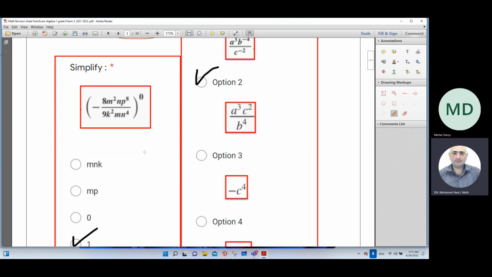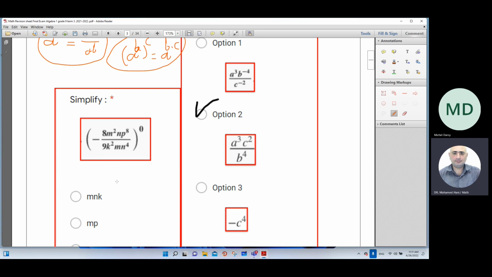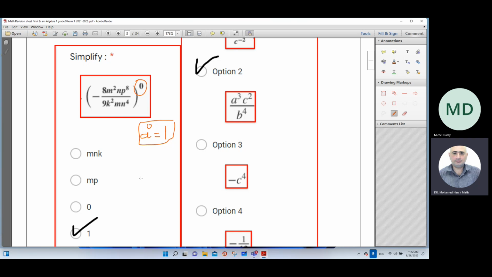And always, if the exponent of any number is 0, the answer will be 1. So a to the power 0 equals 1. This is an important rule. So because here the exponent is 0, the value of the whole expression will be 1.